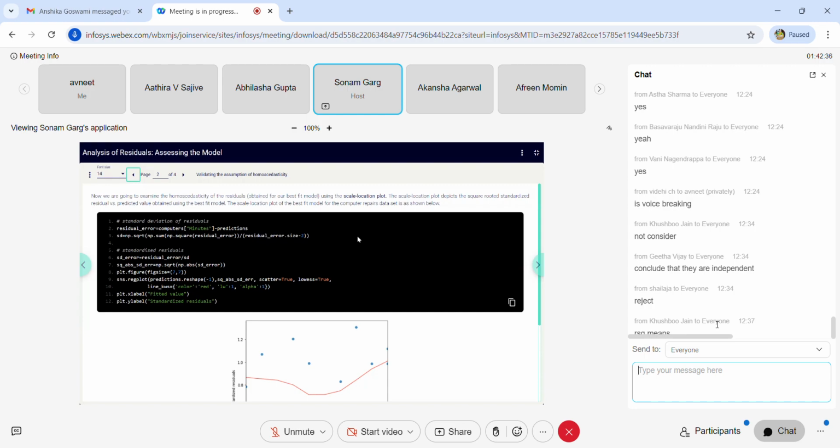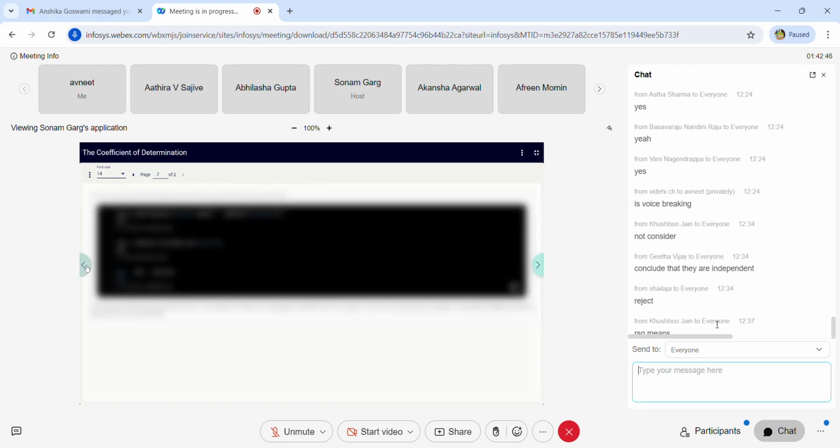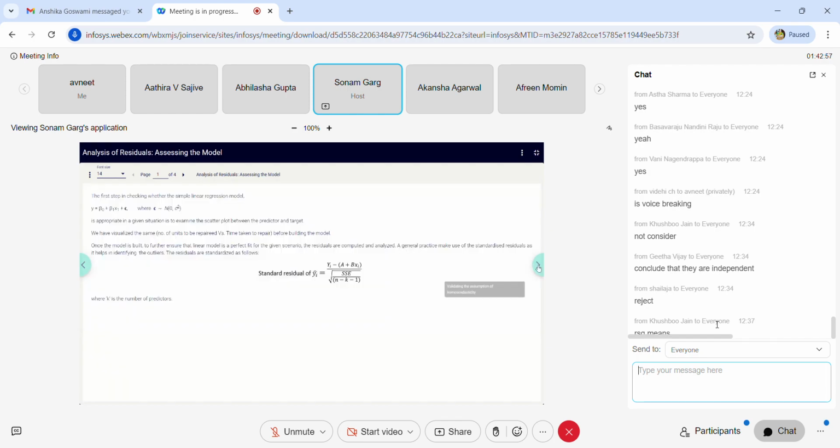RSQ should be root mean square. Where was it, RSQ? Oh, this is R square. RSQ here is R square, just a variable name.